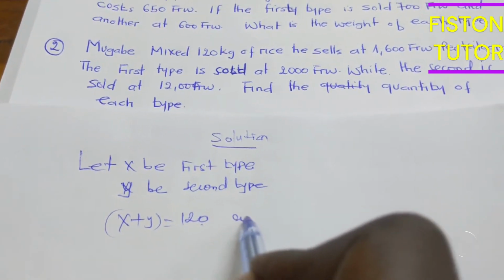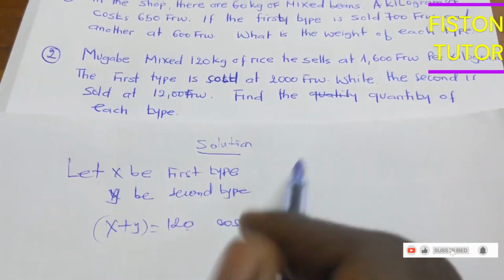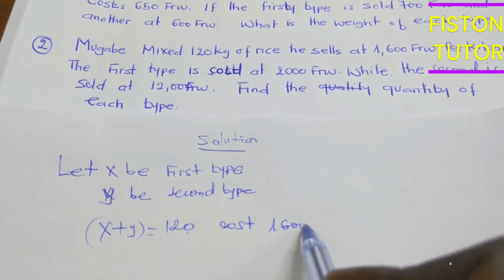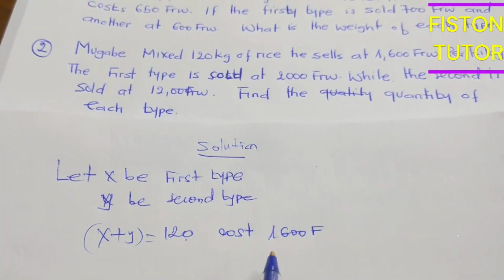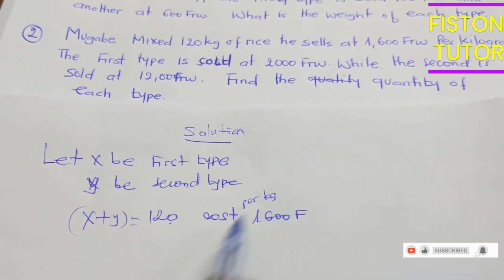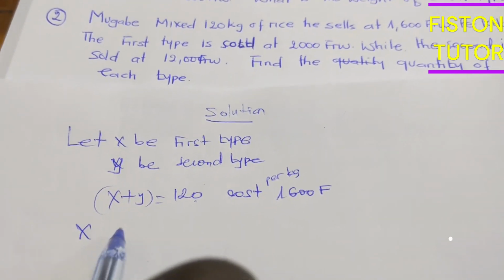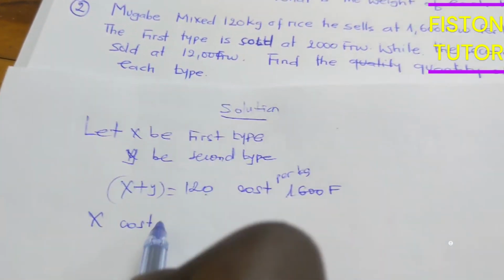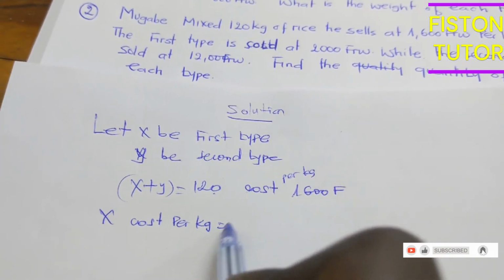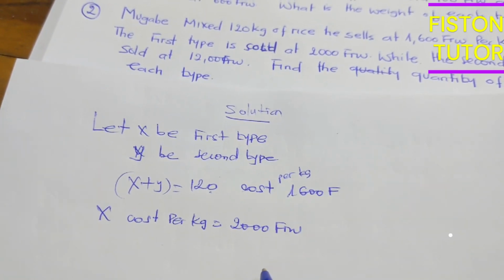Now, their cost is 1,600 Rwandan francs per kilogram. Yes, this is per kilogram. And the first type, x, cost per kilogram is equal to 2,000 Rwandan francs.